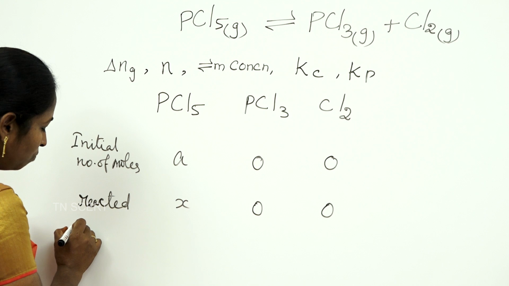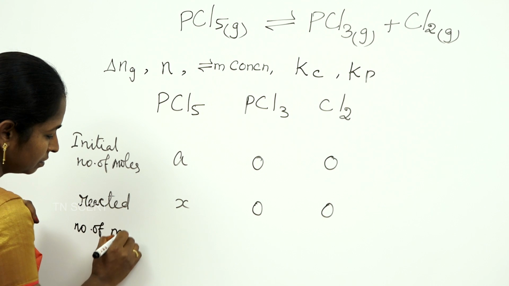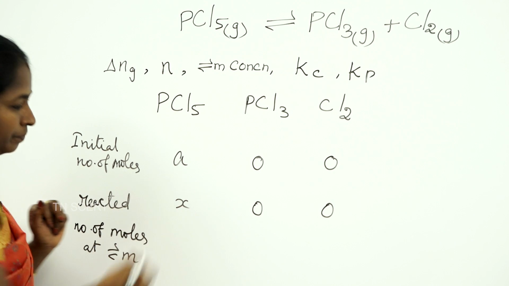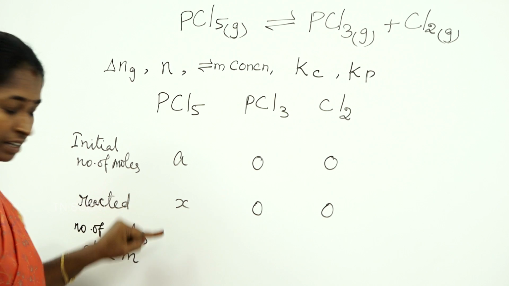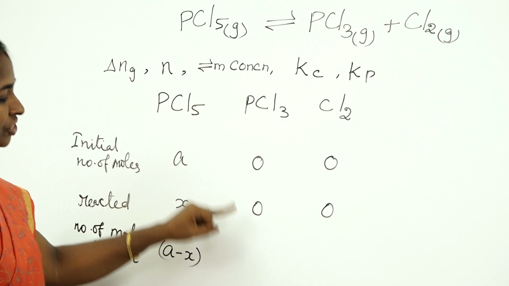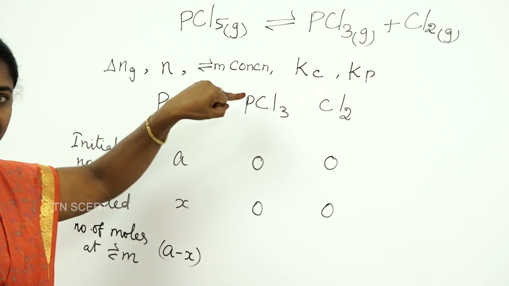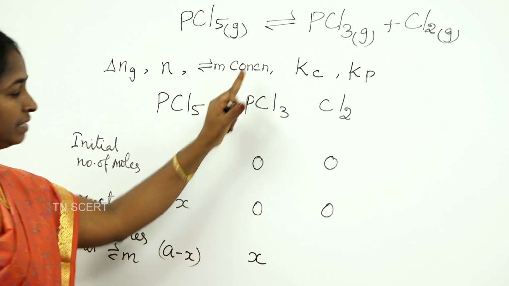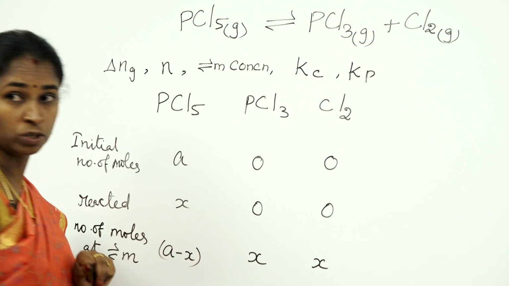So, number of moles at equilibrium can be calculated as initially A moles, X moles were reacted, remaining will be A minus X moles. Initially there is no PCl3, but X moles were dissociated now to form X moles of PCl3. So, at equilibrium PCl3 will be X moles and chlorine also X moles.